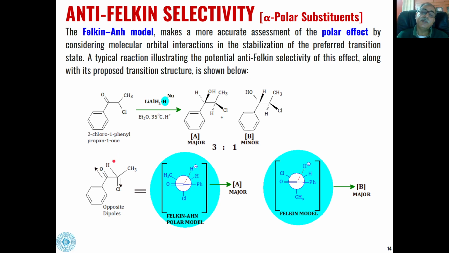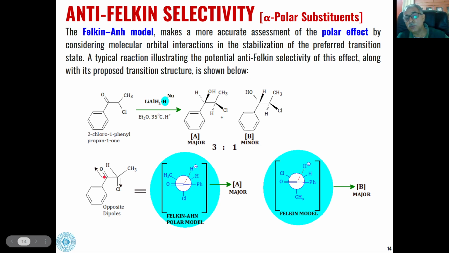And the most appropriate conformation will be where the halogen and the carbonyl act as opposite dipoles. There will be least interaction between these two only when these are in the opposite position, so that means this should be perpendicular to this one.